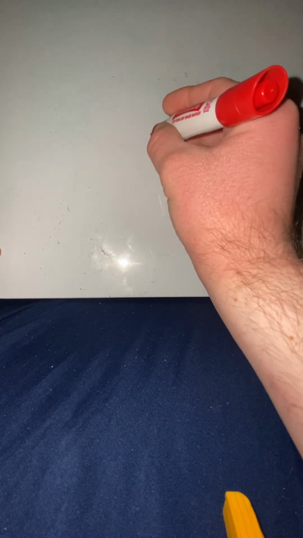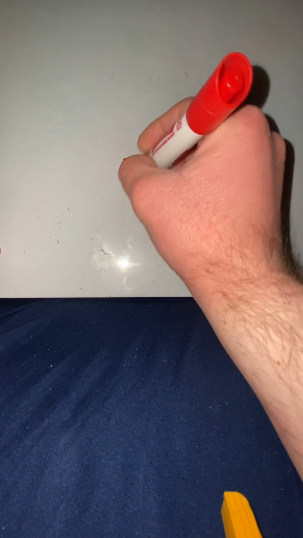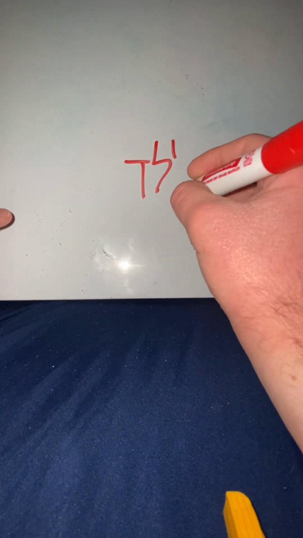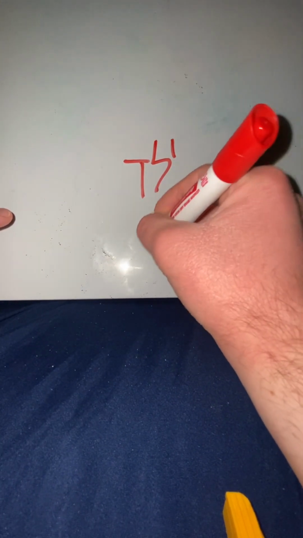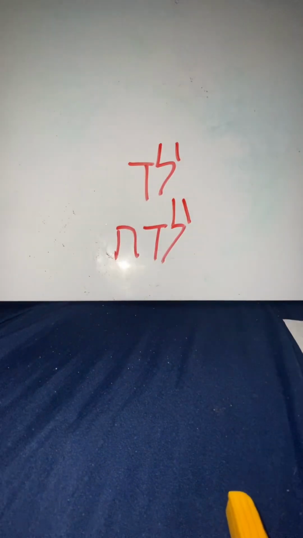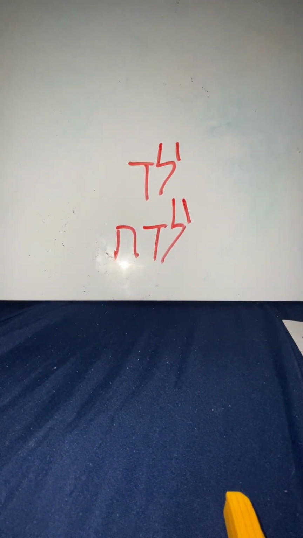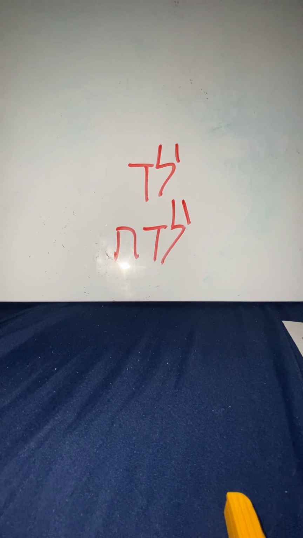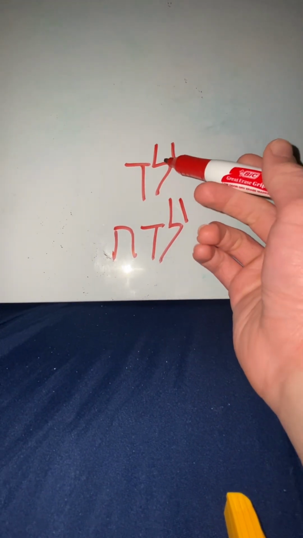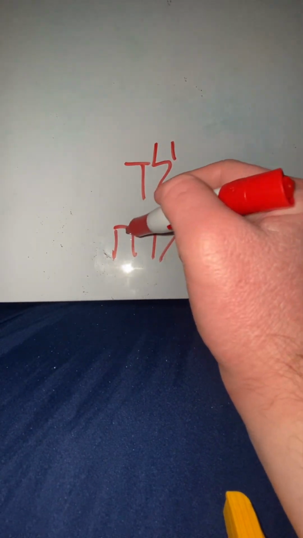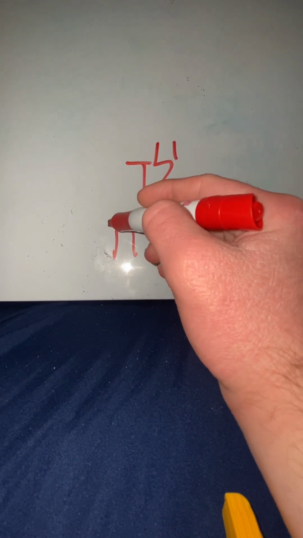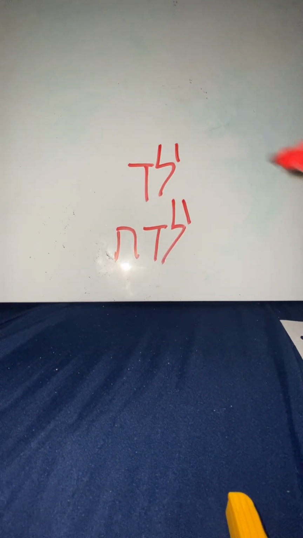So, y'all saw me write boy on there. Yeled. But you also have girl, which is yalda. Basically, the same way to write boy, but you put hey. Yeah, that's not really much of a gap right there, but that's supposed to be hey right there.